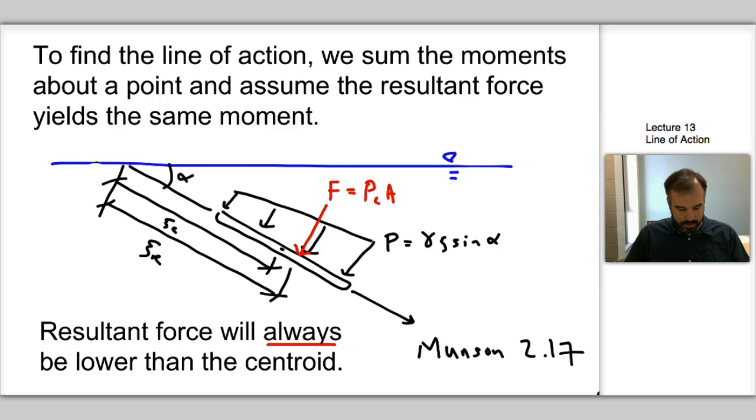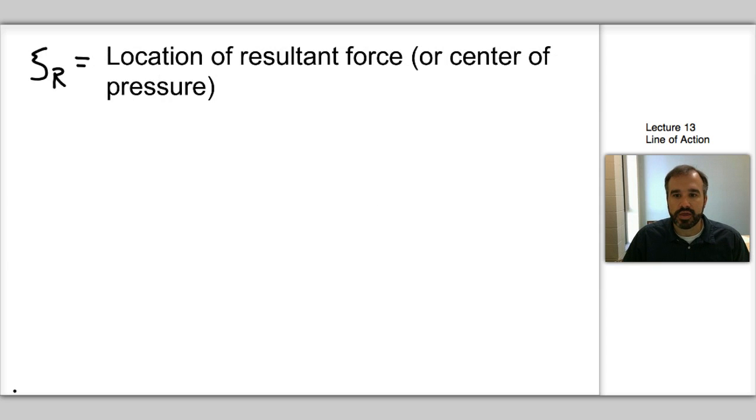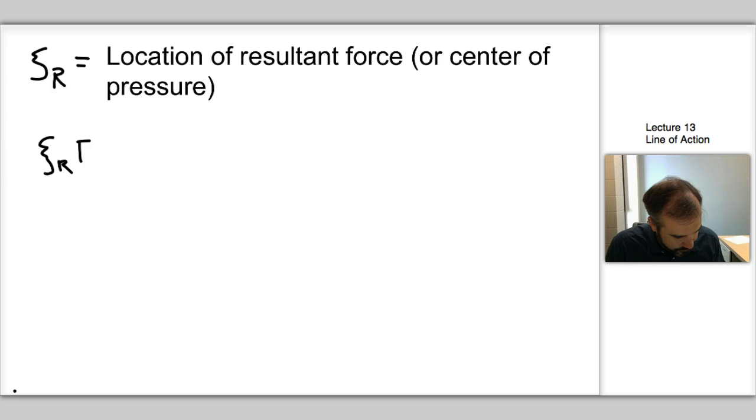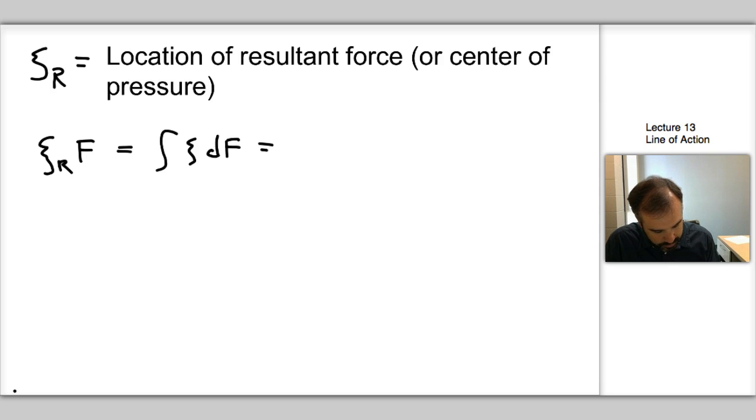We define psi r as the location of the resultant force, or the center of pressure. So it's kind of like a center of pressure, where the pressure is really going to act on this plate. If we sum our moments, we get psi r F, the resultant force, is equal to the integral of psi dF, which is equal to the integral of psi P dA.